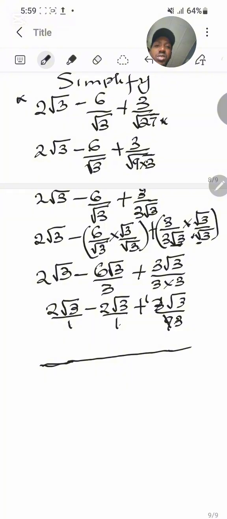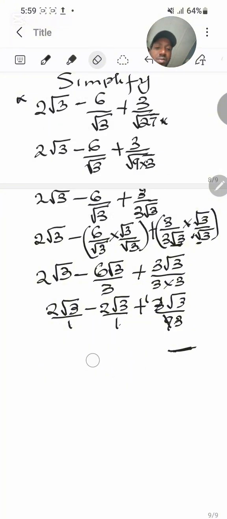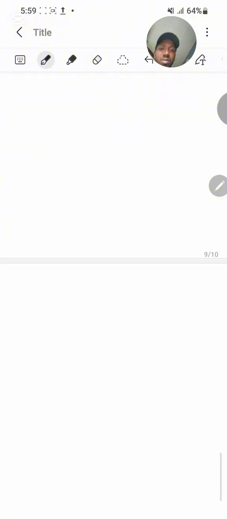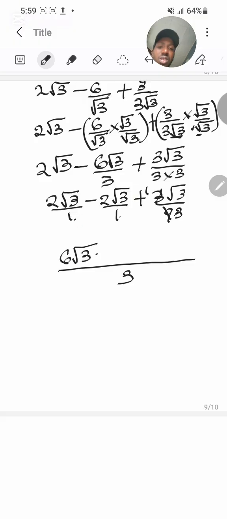okay, let me use the next page. Okay, so 2 root 3, oh, sorry. The LCM of 1, 1, and 3, like I said, is 3. 3 multiplied by 2 root 3 is going to give us 6 root 3.